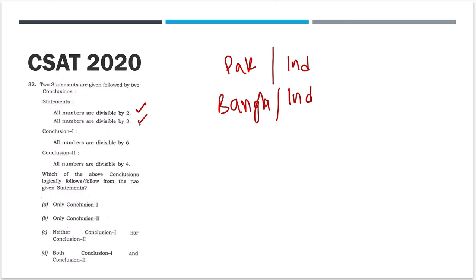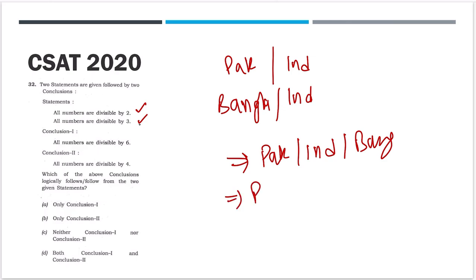Now, they will ask you the first option: Pakistan, India, Bangladesh are 3 adjacent countries, and 3 adjacent countries means they share borders, right? And the second option they will tell you: Pakistan and Bangladesh share a border. Now, from statement 1 and statement 2, what can you conclude and what can you not conclude?